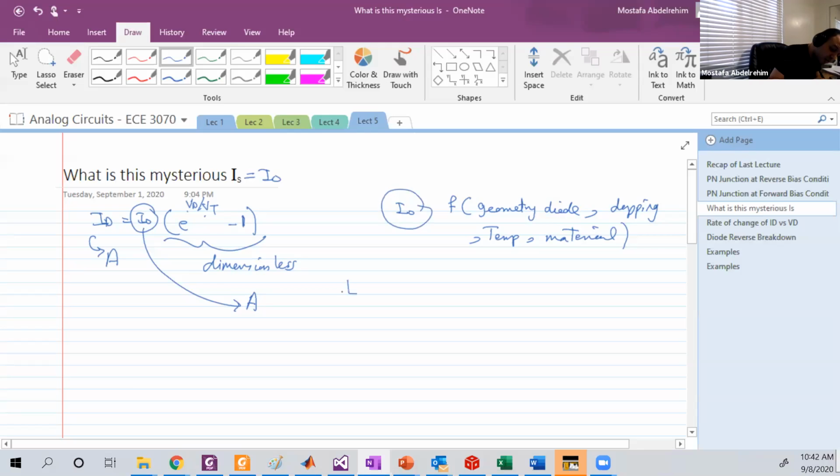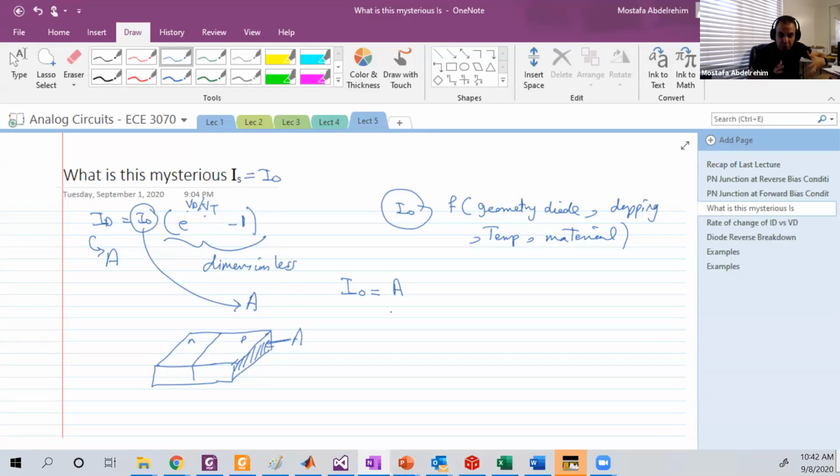And actually, I naught is equal to the area, which is the geometry, the cross-section area of the diode. Let's draw it roughly here. This is N, this is P, and this is the cross-section area. Basically, it's a direct proportion: if you increase the area, you increase the current, because you can absorb more charges.